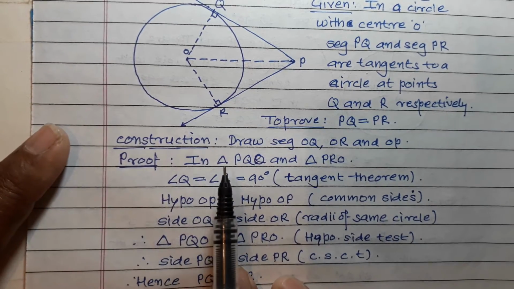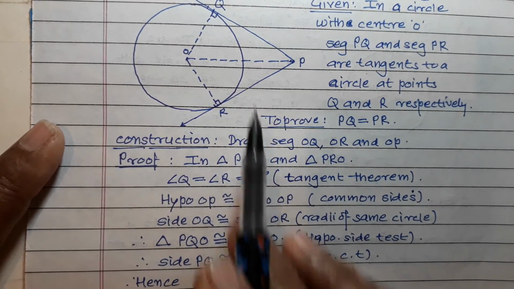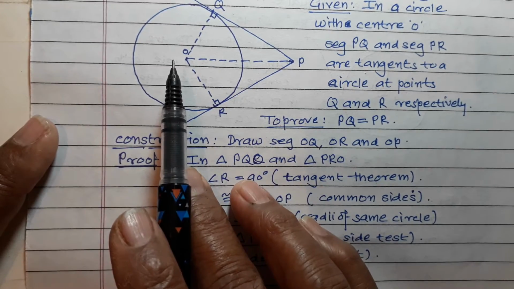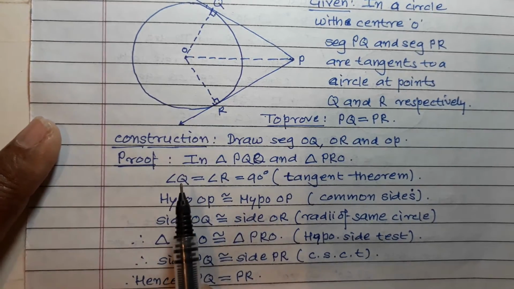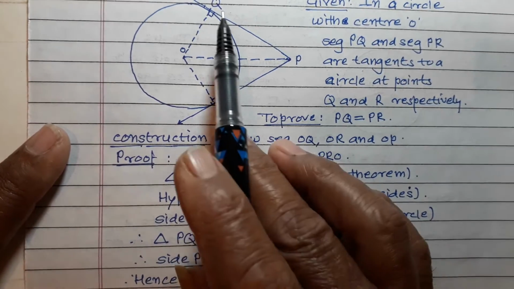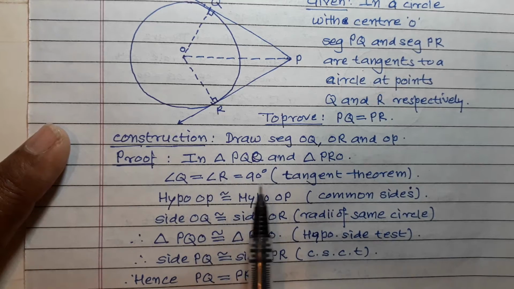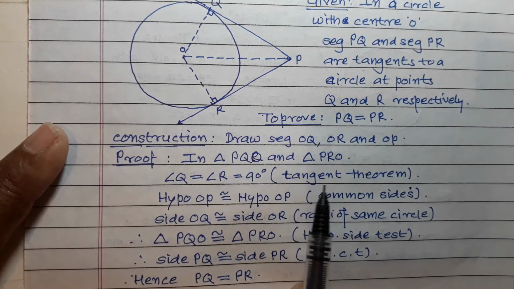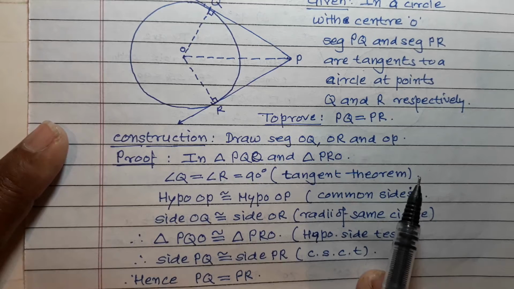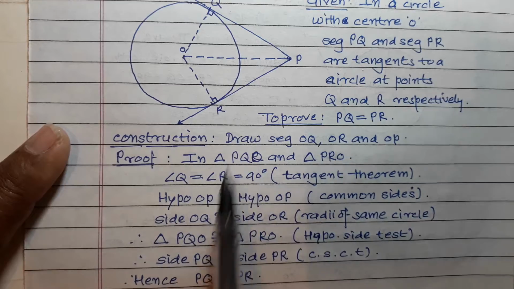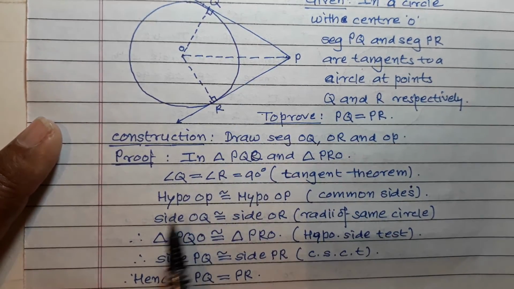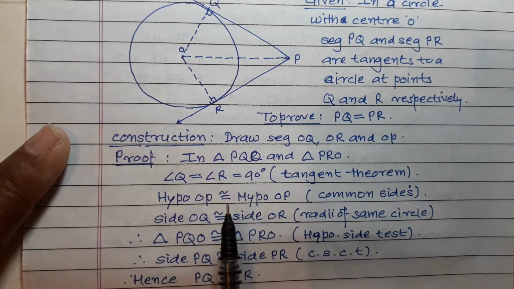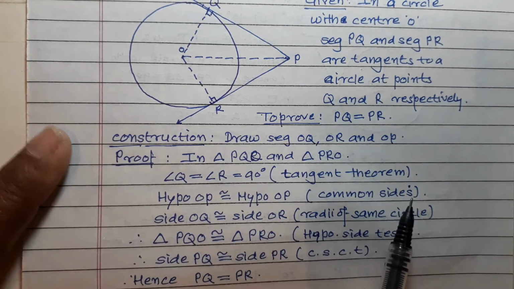Proof: in triangle PQO and triangle PRO, angle Q is equal to angle R, both 90 degrees, because a tangent is perpendicular to the radius, by the tangent theorem. This is a right angle triangle, therefore this is the hypotenuse. Hypotenuse OP is congruent to hypotenuse OP, common side.